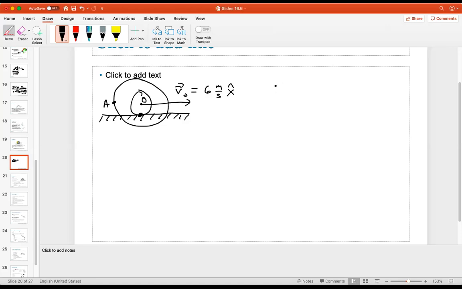First of all, the velocity at point O equals a pure rotation about this point.